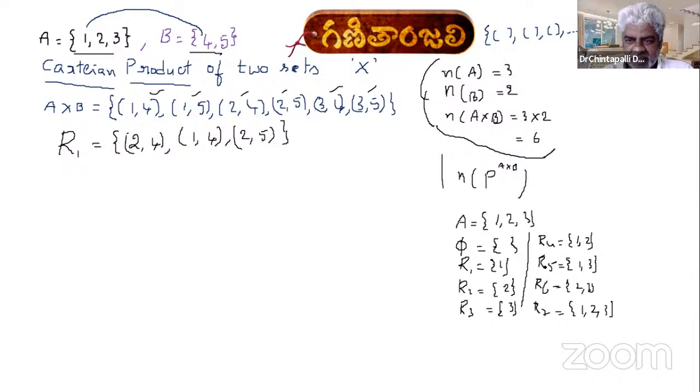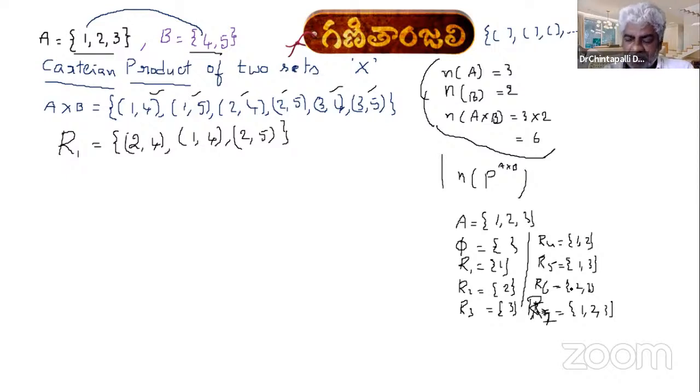That means all the elements in R7 are from A only. No element in R7 is out of A. R7 contains the elements from A only.